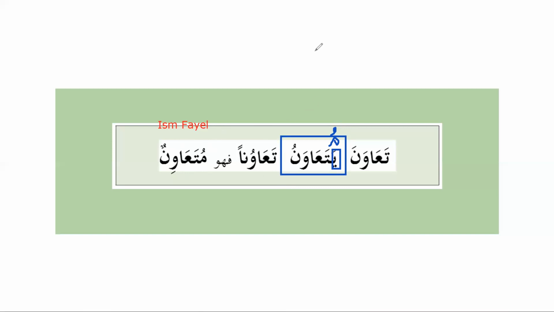So in the first line: ta'awana past tense, yata'awanu present, then masdar, then ism fa'il.